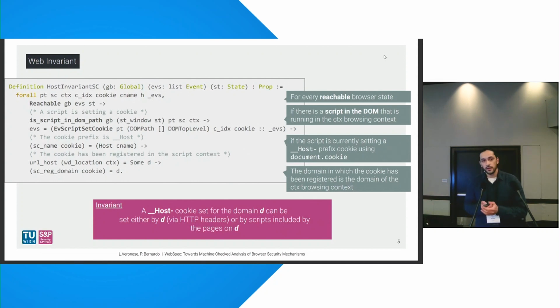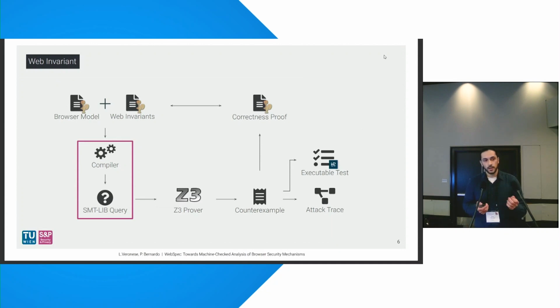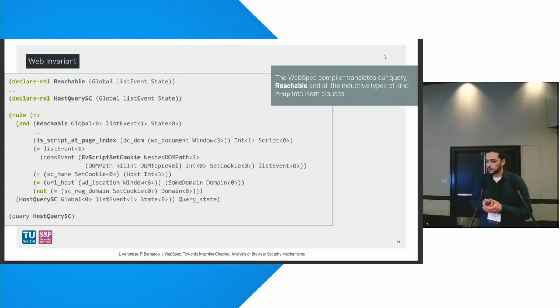We can use this invariant for machine-checked proofs, but if this invariant doesn't hold, we would also like to find counterexamples. So we write a query based on this invariant and compile it alongside our model to an SMT-LIB query. More specifically, the WebSpec compiler translates our query, reachable, and all inductive types of kind Prop into Horn clauses.